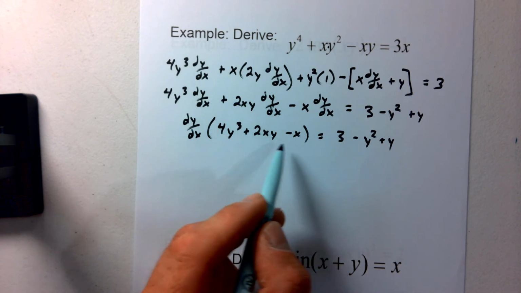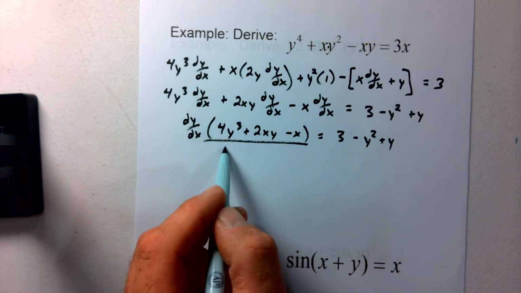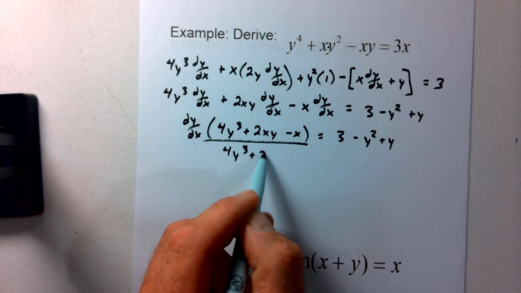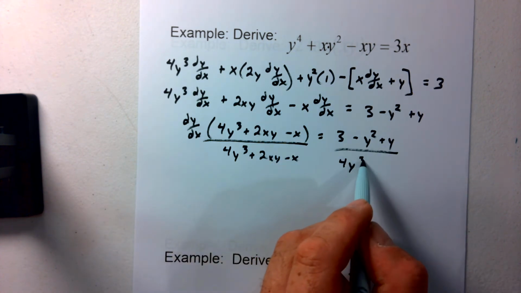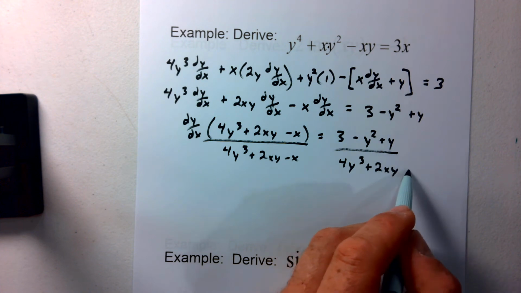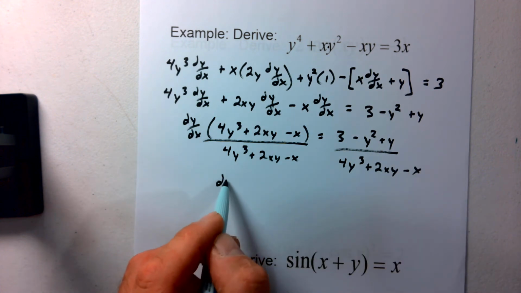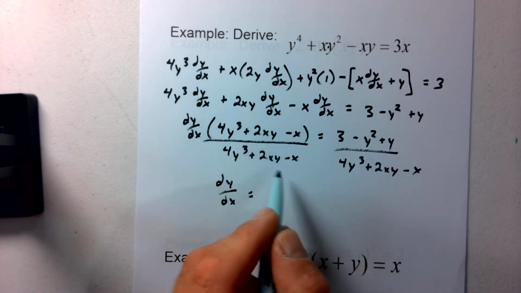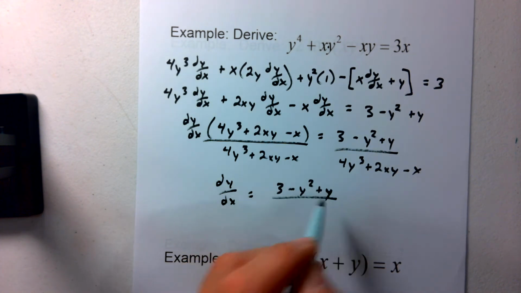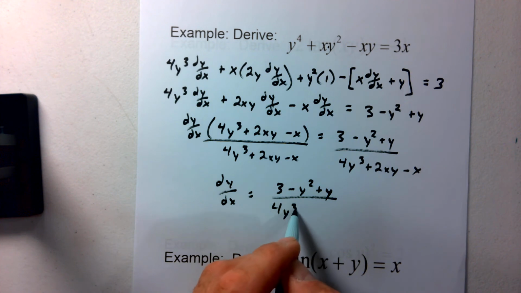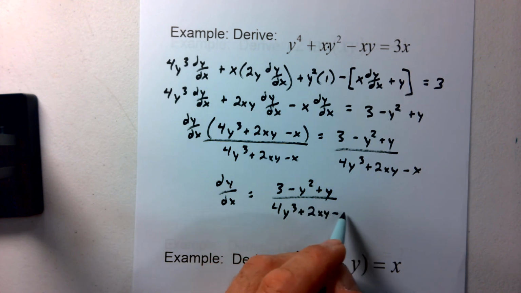Now to get dy dx by itself, I can go ahead and divide by my 4y to the third plus 2xy minus x. And that, my friends, is going to be what my derivative is, dy dx. So dy dx is 3 minus y squared plus y, over 4y to the third plus 2xy minus x.